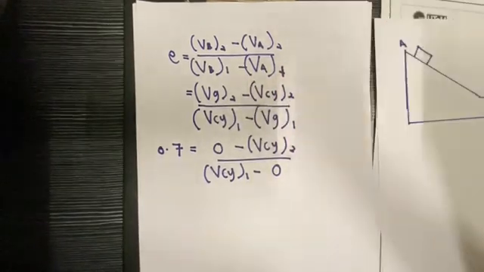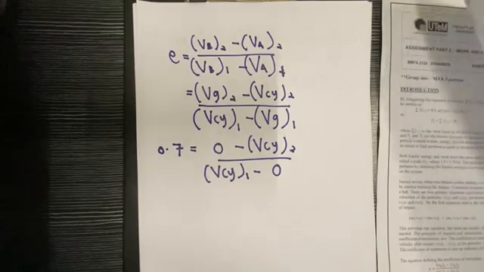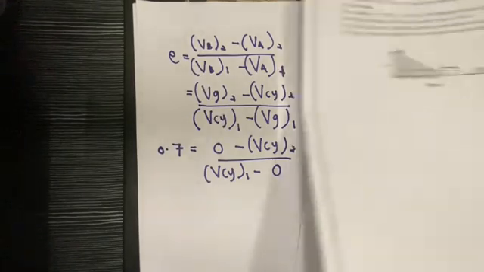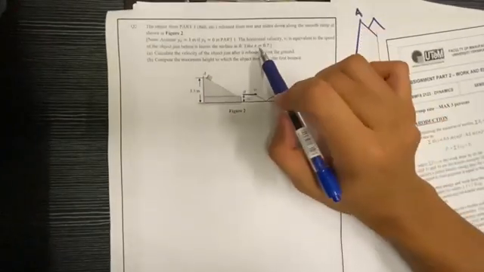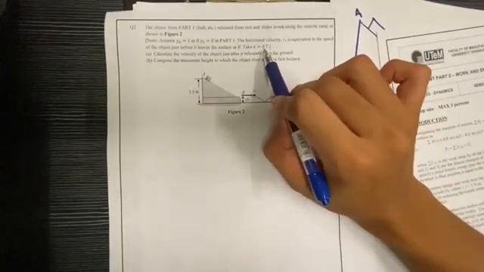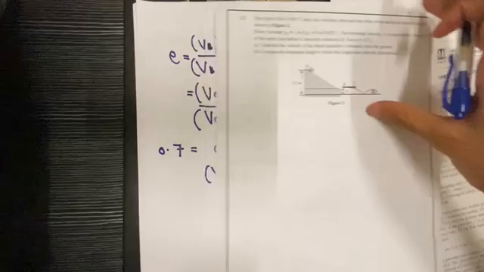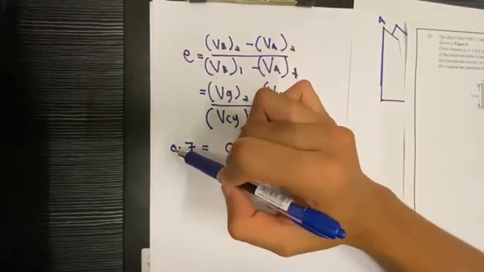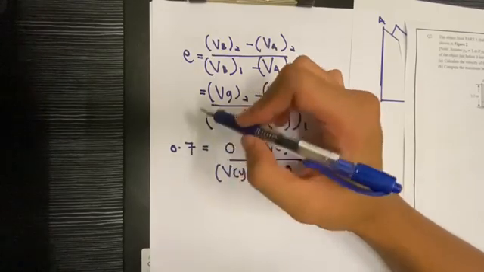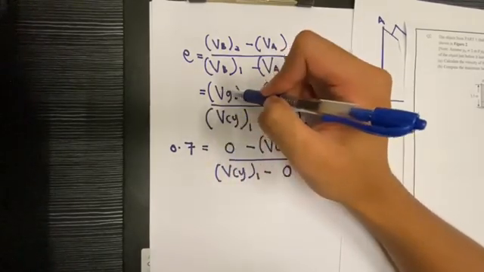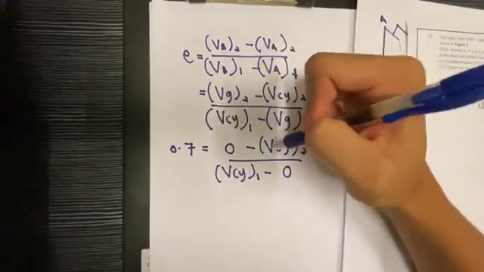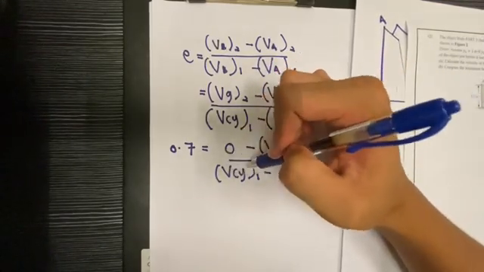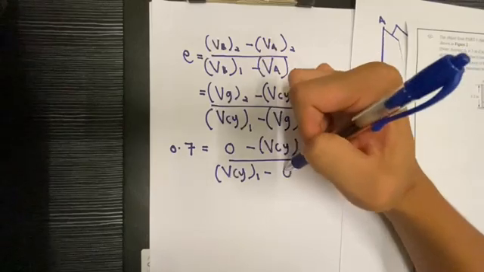Since the coefficient has been given in the question, e equal to 0.7, we can substitute: 0.7 equals Vg, which is 0, minus VCY2, divided by VCY1 minus Vg, which is 0.